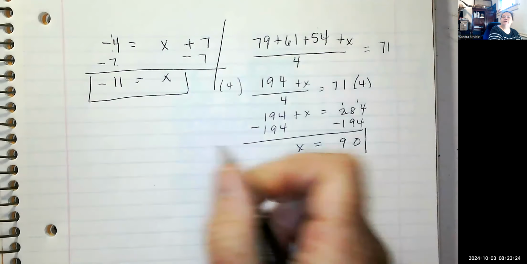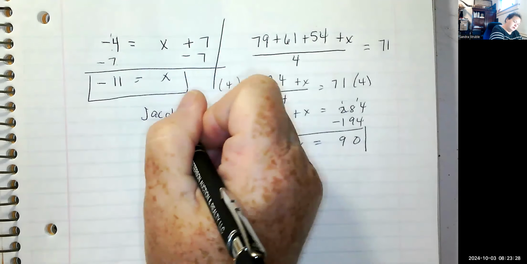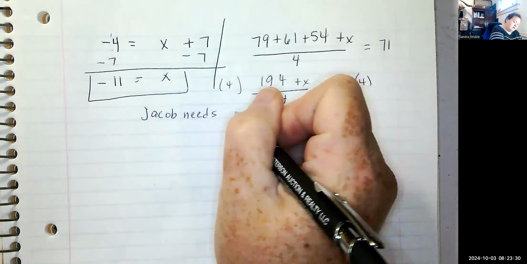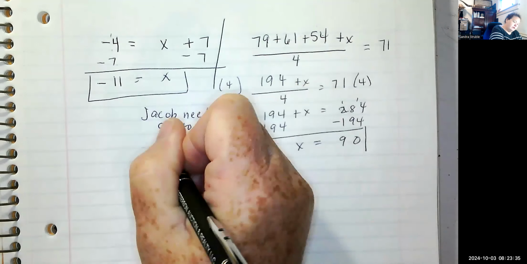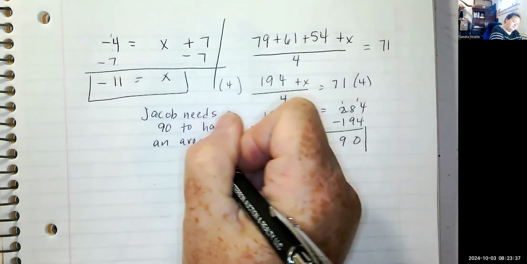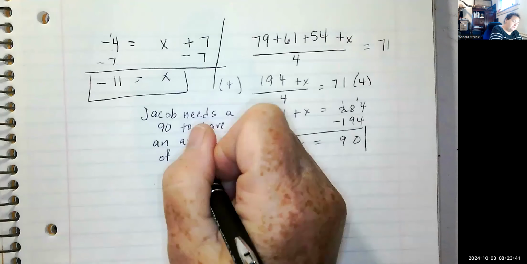He needs to have a 90. So what is his name? Jacob. Jacob needs a 90 to have an average of 71.